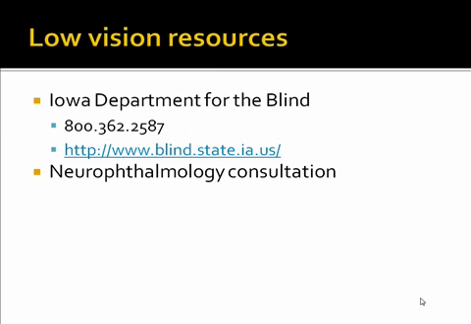When it comes to low vision resources, every community has departments for the blind or foundations for people with low vision. Again, we're dealing with organizations that generally don't deal with specifically visuospatial dysfunction, but they may have resources that would be available to anybody who has low vision, and many of these would still be applicable to these patients.